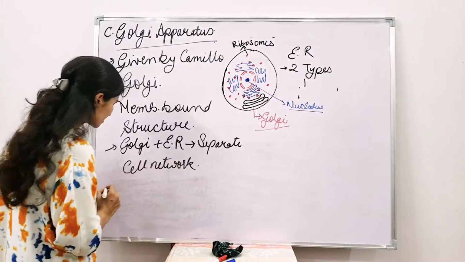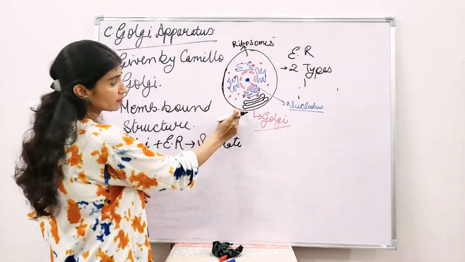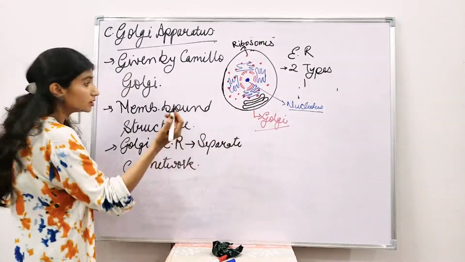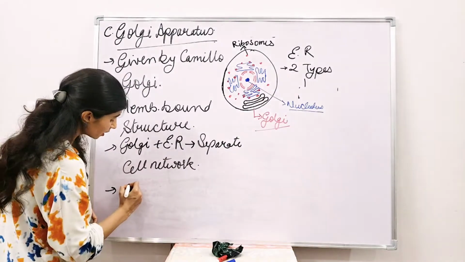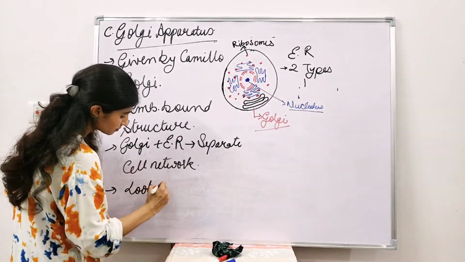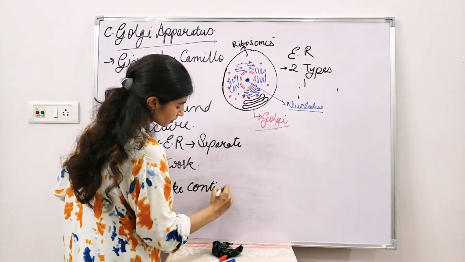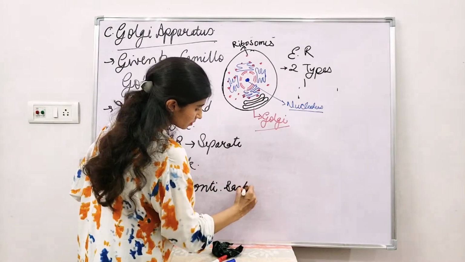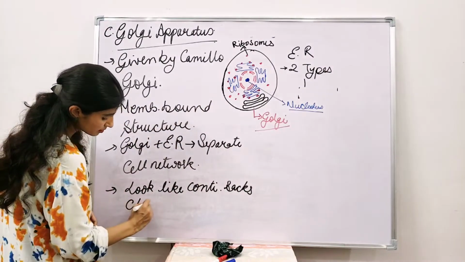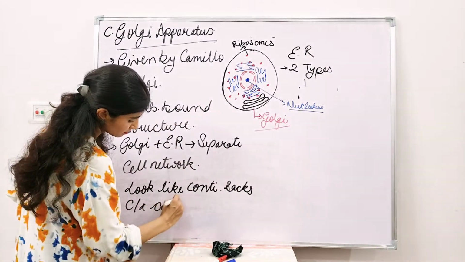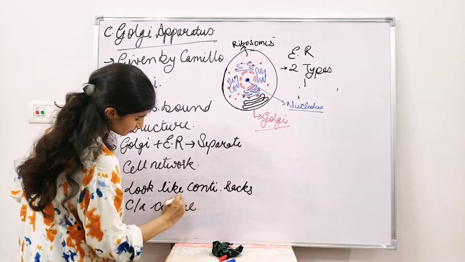So what is the structure of the Golgi? If you look at it, the structure of the Golgi looks like continuous sacs, and these sacs are called cisternae.